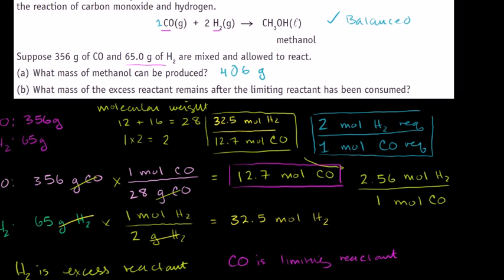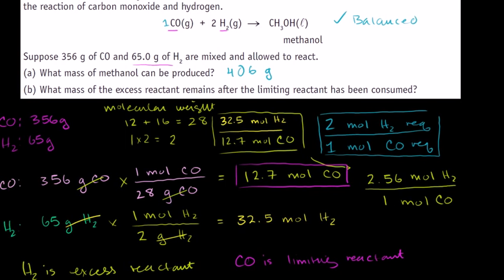So we started off over here with 356 grams of carbon monoxide and 65 grams of hydrogen, and we were able to produce 406 grams of methanol.